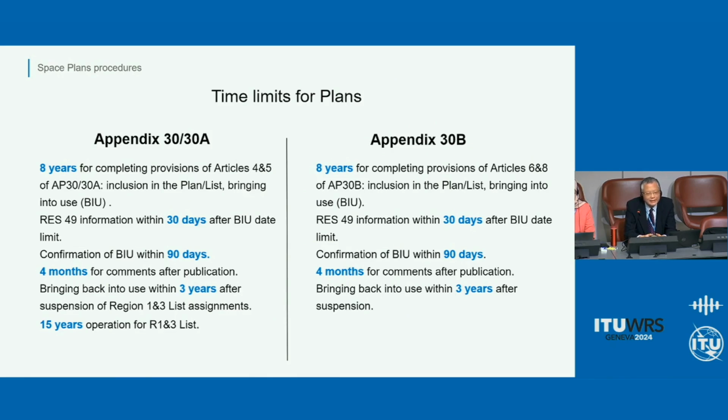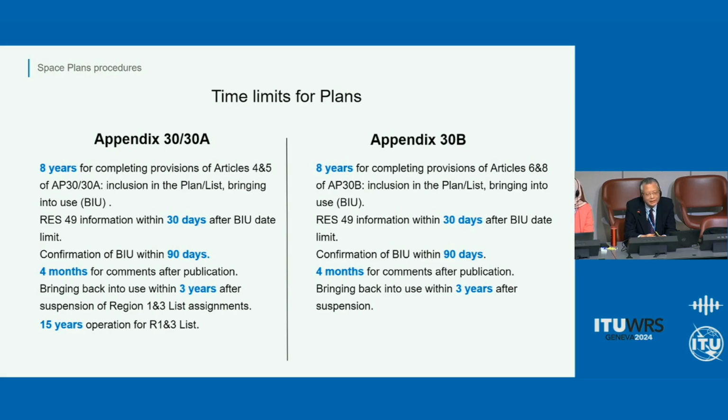So there are a lot of provisions and procedures for the plan in Appendix 30, 30A, and 30B. I just want to highlight some of the important time limits in these provisions.